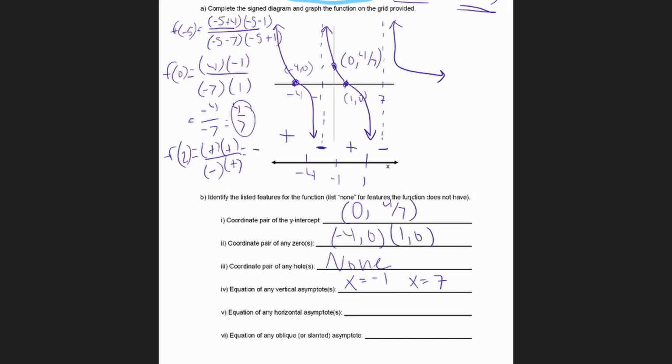Okay, so next we're asked for the equation of any horizontal asymptote. This is where we can even fix our answer up, because we didn't really think of this.